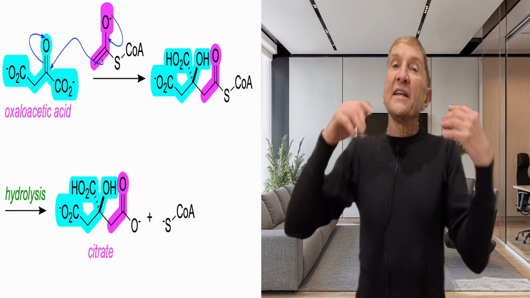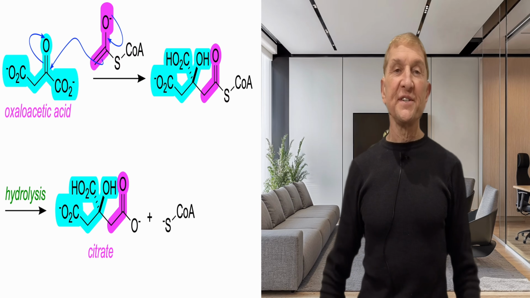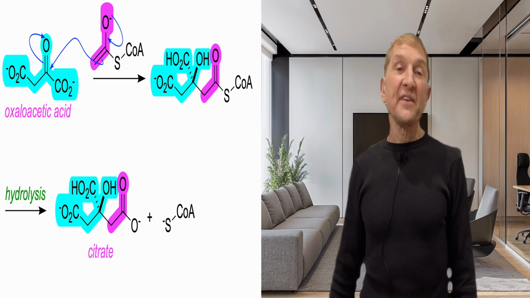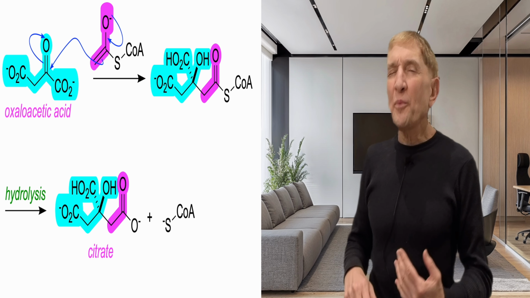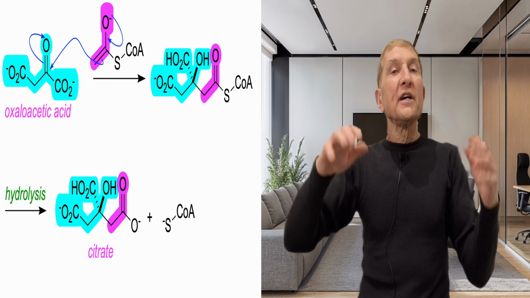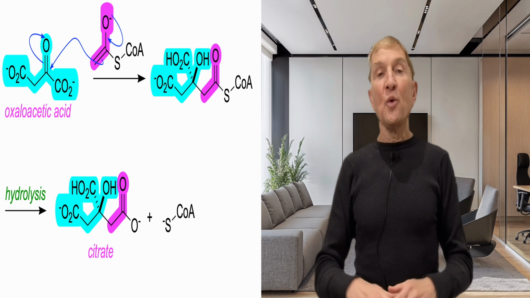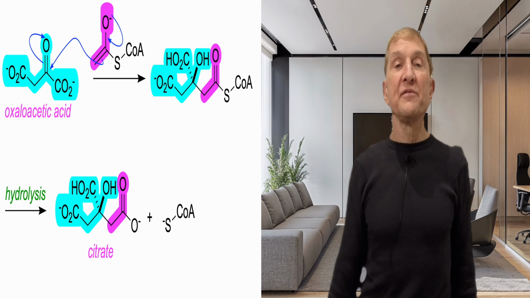Now, of course, catabolism and metabolism is not restricted to humans. In other organisms, these steps take a different form. But almost inevitably, when we look at catabolism, we're looking at cleavage of C-C bonds. When we're looking at anabolism, we're looking at formation of C-C bonds.